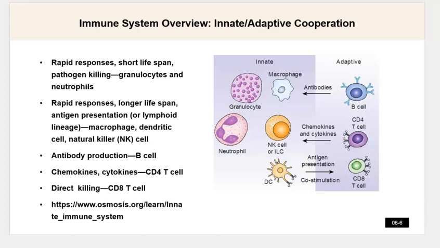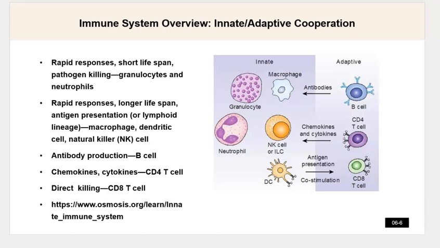CD refers to the cluster of differentiation and signifies specific membrane proteins found on the surface of lymphocytes and many immune cells. In your book, Table 6.1 shows these characteristics of the innate and adaptive immunity, and this is when we start talking about the PAMPs and the DAMPs and so on.